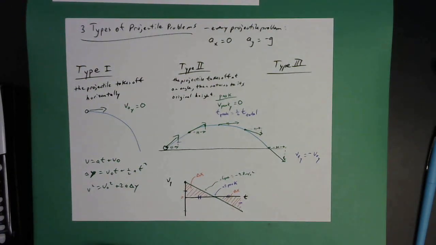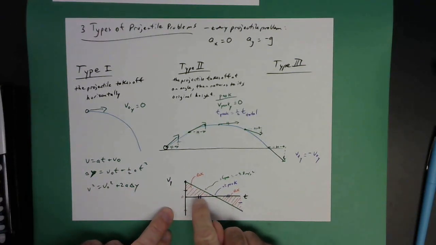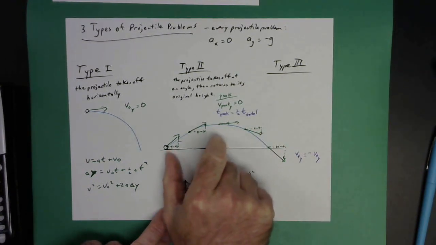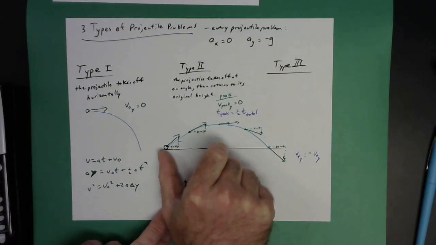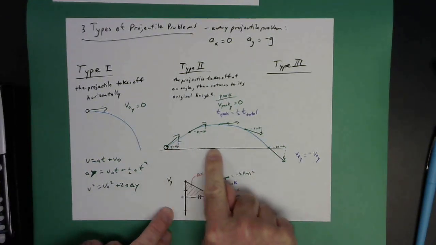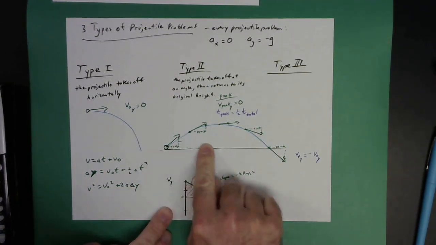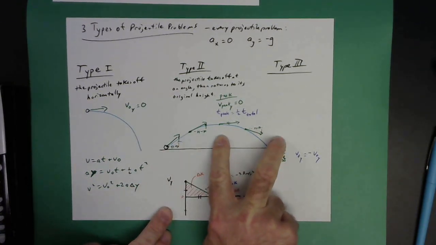Okay, what else do we know? Well, you say the time to the peak is the same as the time to come back down, right? Because the time to the peak is half the total time. So you say, wait a minute, my horizontal velocity is constant. I'm going at a constant horizontal speed, and I do that for a certain amount of time to get to the peak, and I do it for the same amount of time here.